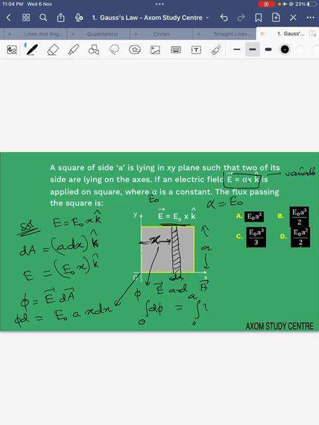E naught a is constant, so bring it outside: x dx, so E naught a x square by 2, limit is 0 to a. Put a here and you will get E naught a cube by 2. I hope it is clear. I just put the limit from 0 to a, so the answer is B.